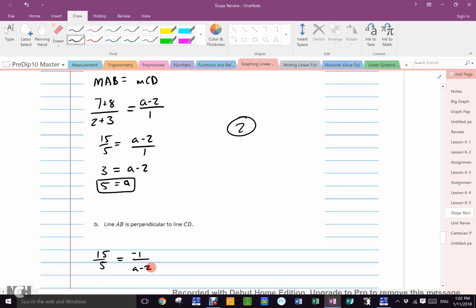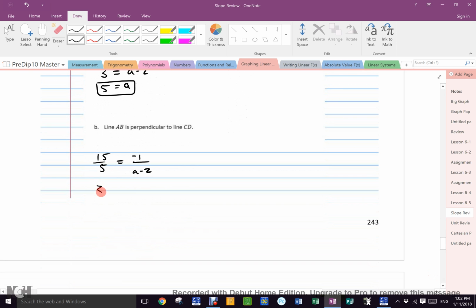So 3 equals negative 1 over A minus 2. Cross multiply: 3A minus 6 equals negative 1. Bring that over: 3A equals 5. A equals 5/3.